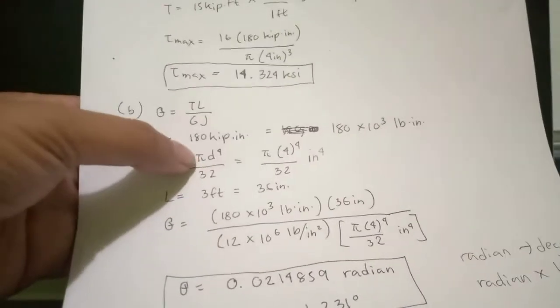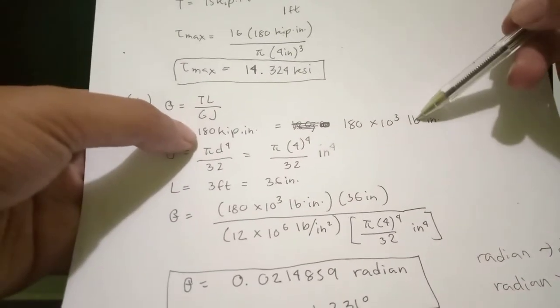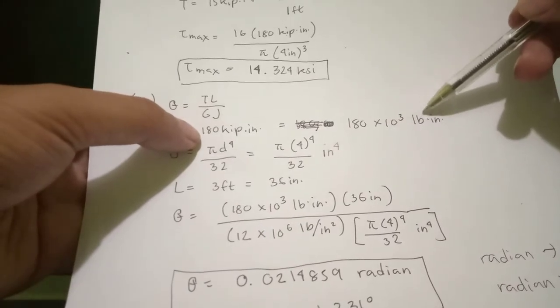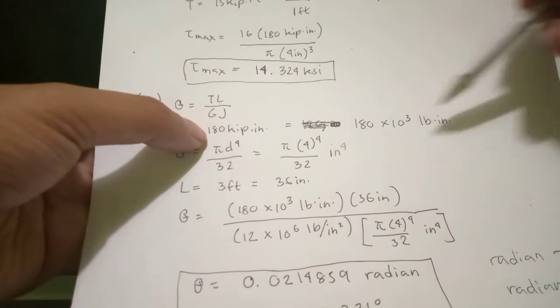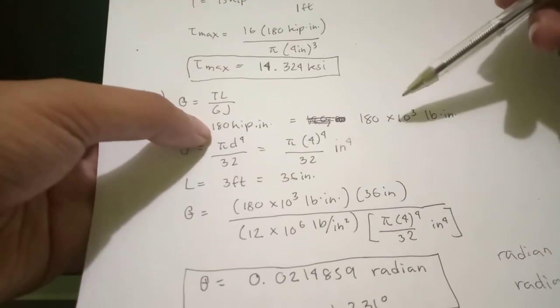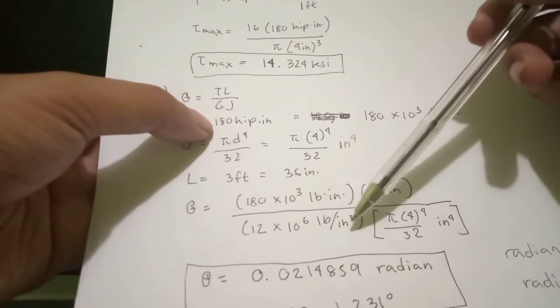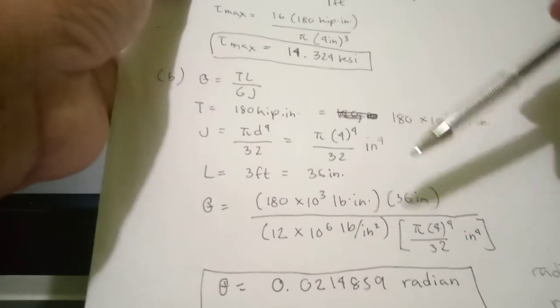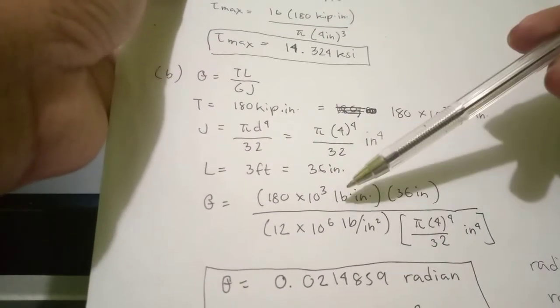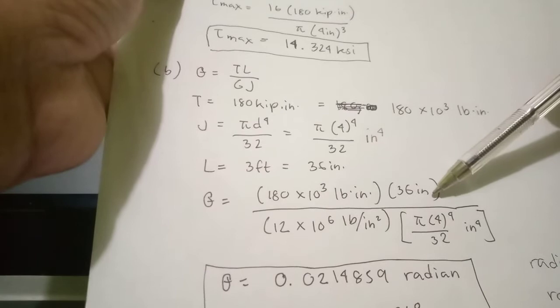So we have a single unit for weight, which is pounds, and we have a uniform unit for length, which is inches, because we will use 12 times 10 to the 6 psi. Psi is pounds per square inch, so that it will cancel out the pounds and we will get the inch.